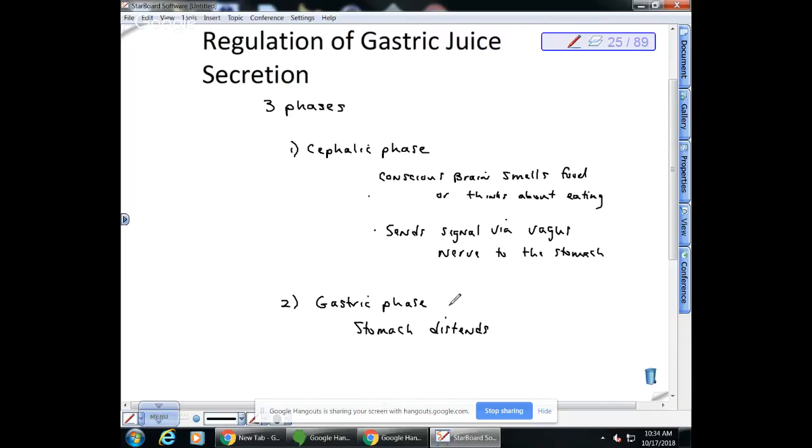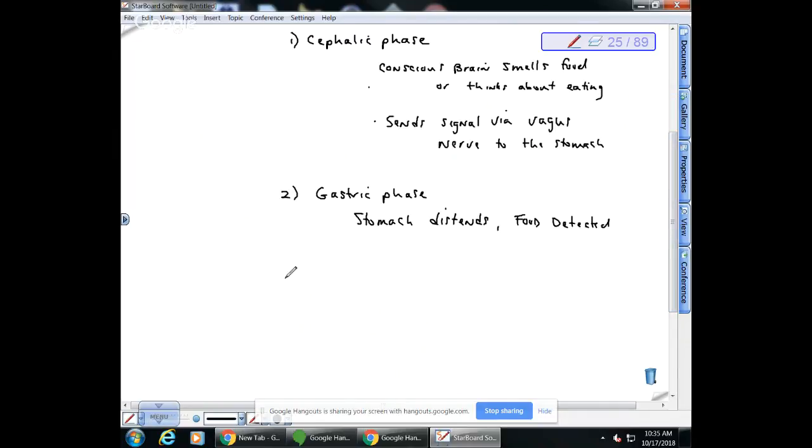And food is detected, right? So then the gastric phase is coordinated by the release of gastrin and the release of more hydrochloric acid and pepsinogen. And then finally, we have what is referred to as the intestinal phase.